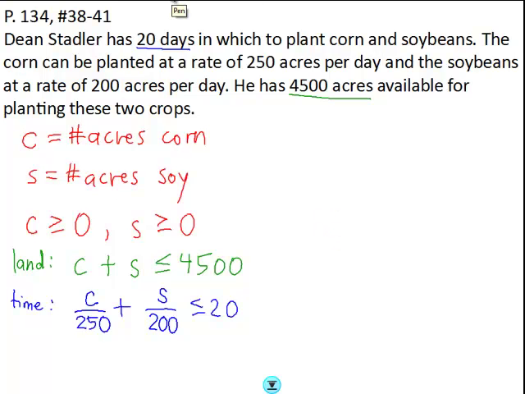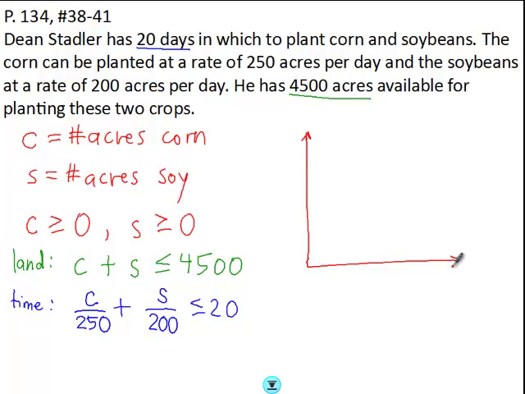Okay, and now we need to graph this. As we're used to, these two constraints tell us that we're only working in the first quadrant, so let's mark this off. I'm not going to put any numbers up there until I get my intercepts up there, because it turns out our intercepts are going to be quite large.